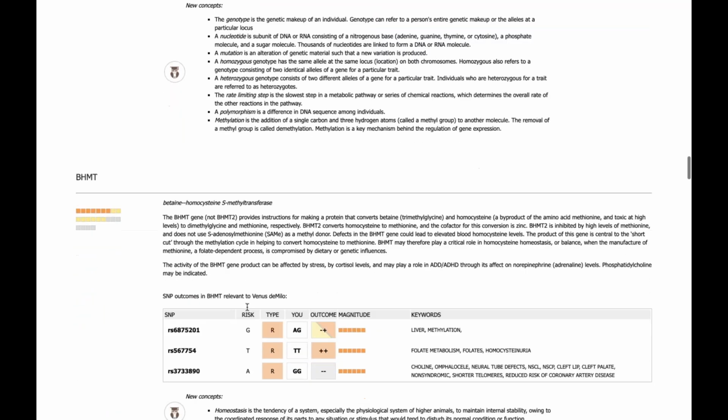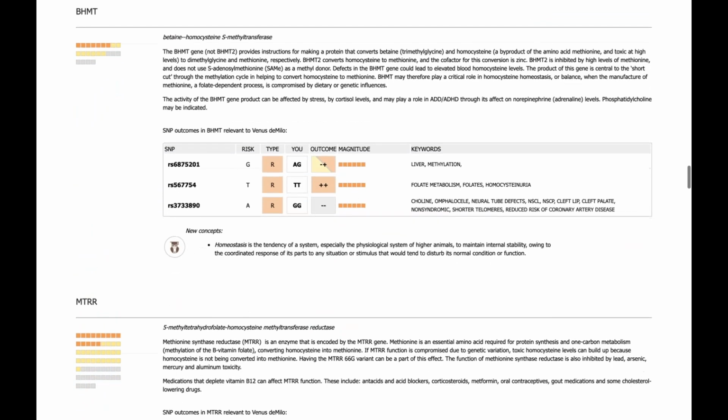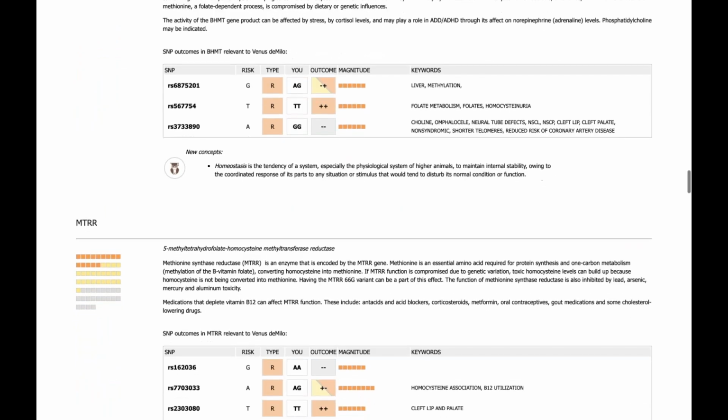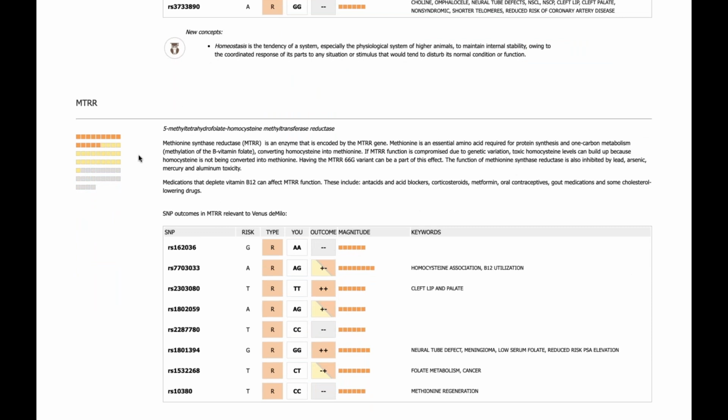Then again, this is repeated for any SNP that is involved in the methylation of the B12 folic acid cycle. One thing that seems to get overlooked is MTRR, which is a reductase involved in the recycling of methylfolate and methyl B12, right?